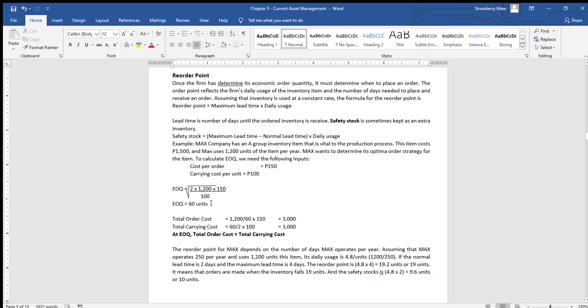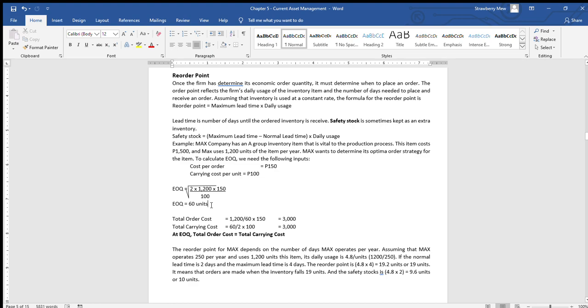Okay? So, kung mas malaki compared to 60 units ang order size natin, it means that the total order cost will decrease while the total carrying cost will increase kapag mas malaki sa 60 units ang order size natin.